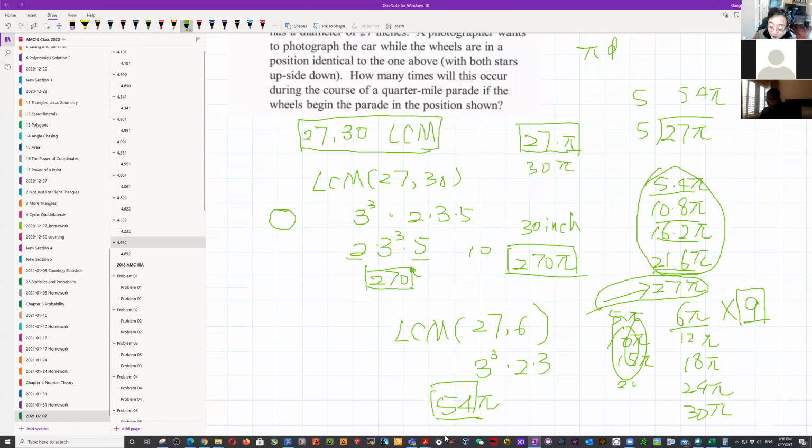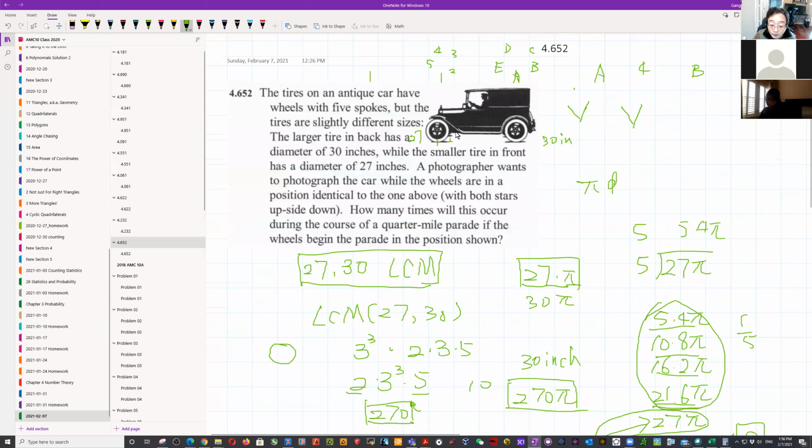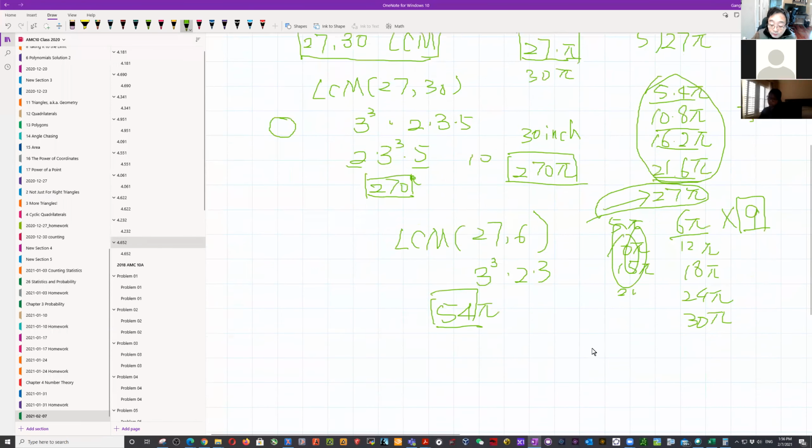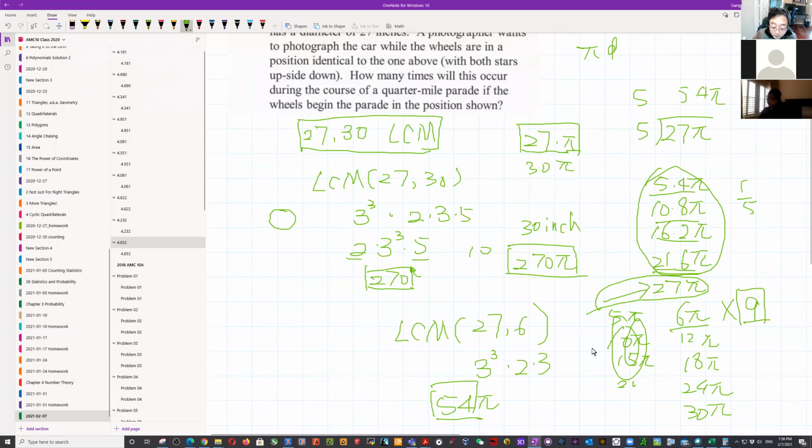So for the back wheel, it didn't complete 2 complete cycles. It's still 1/5 cycle away from the complete cycle. It already has a coincide location like this. So it's just 54 pi. At 54 pi, we will achieve this. And the complete absolute cycle is 270 pi.